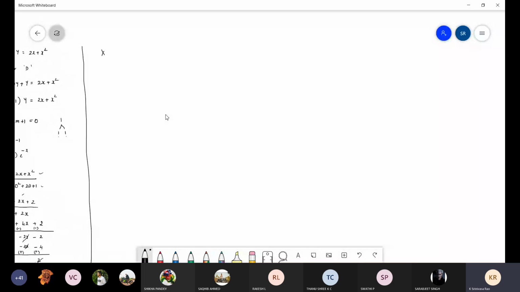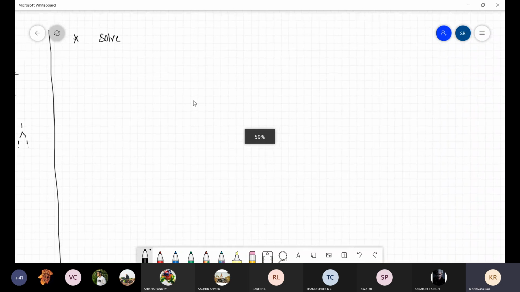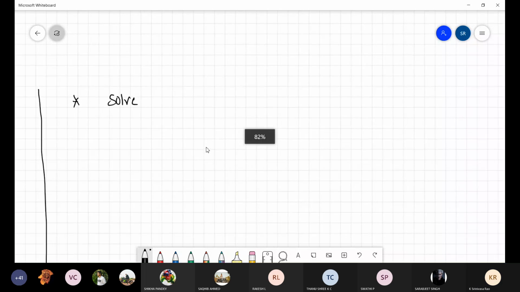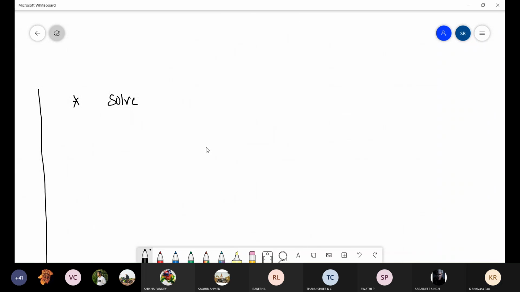Yes, next problem. Solve y double dash plus 3y dash plus 2y equals 12x square.